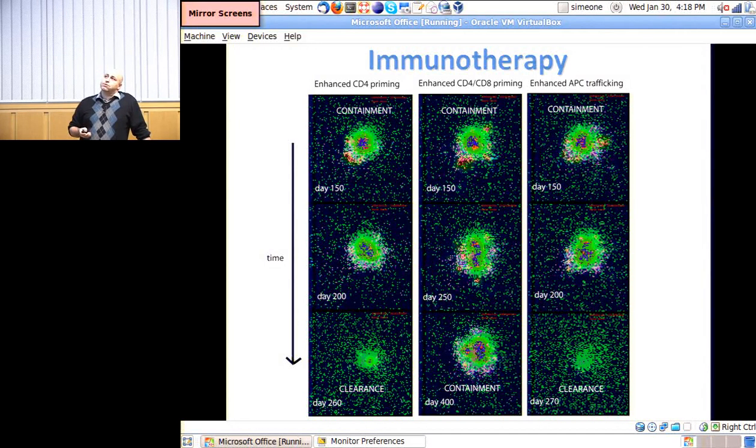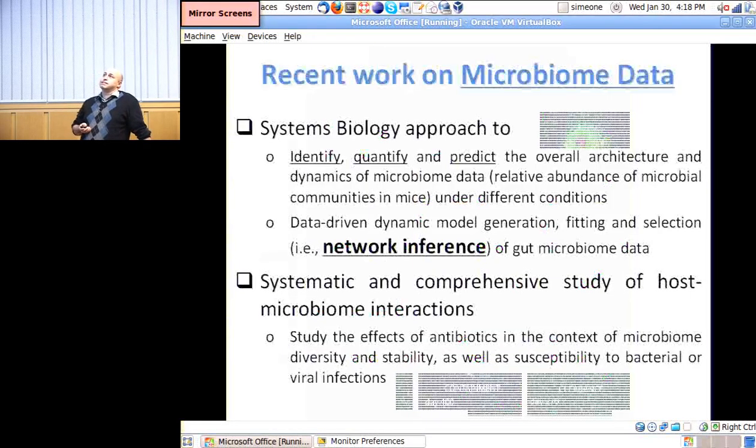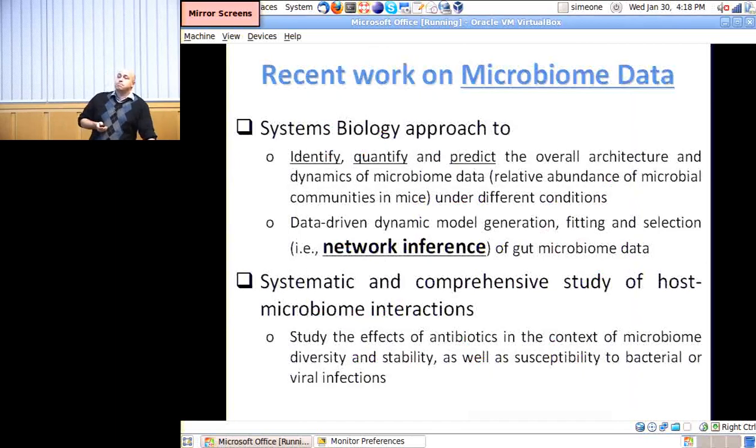Okay, so I want to talk now, I don't know how much time I have left, but for the last 5 or 10 minutes, about a completely different research project, which is data-driven, if you like, and it's about the microbiome, the microflora in the gut of mice.